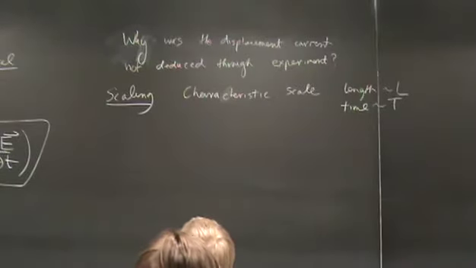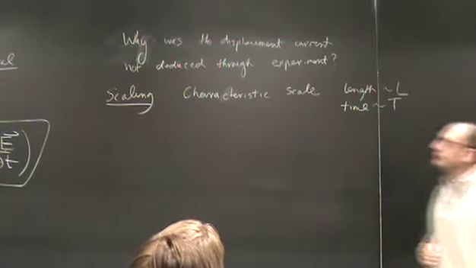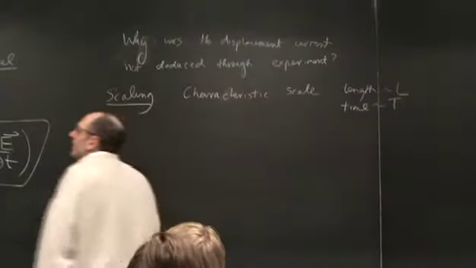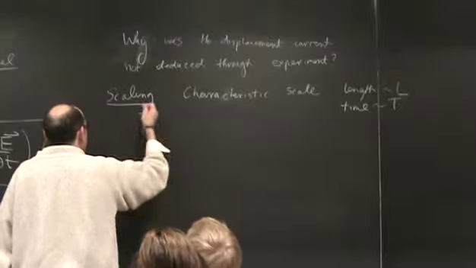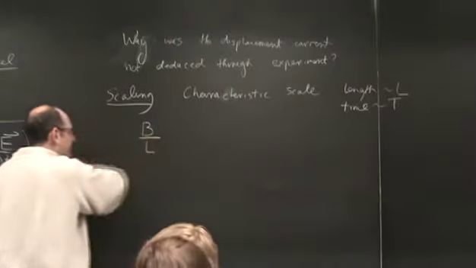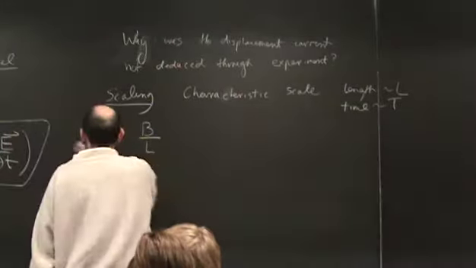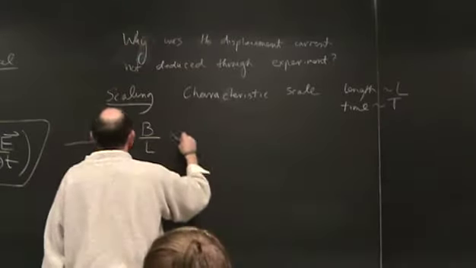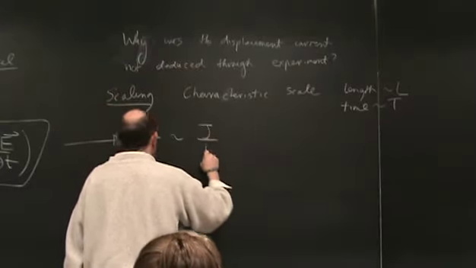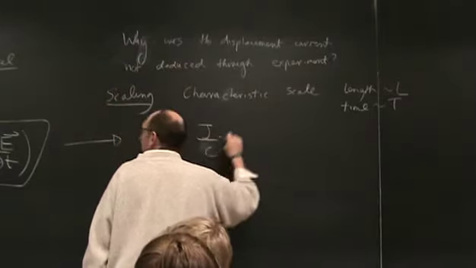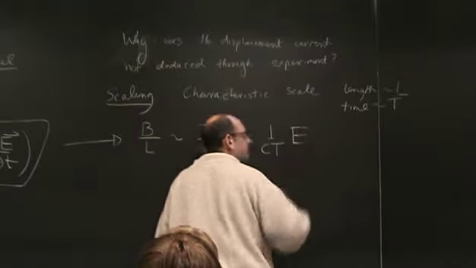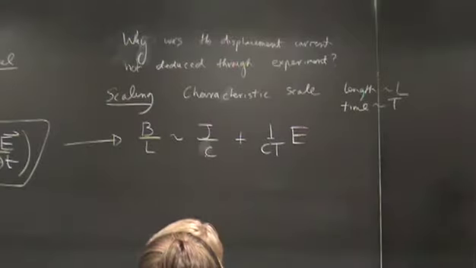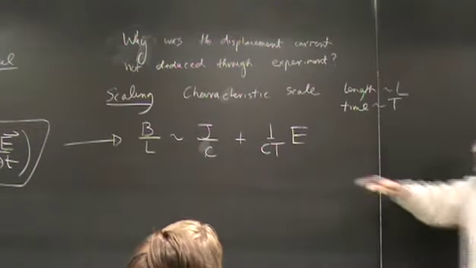The derivative is: B over L goes like the current over C plus 1 over C times the characteristic time derivative of E. That's just like the high school physics version of this equation.